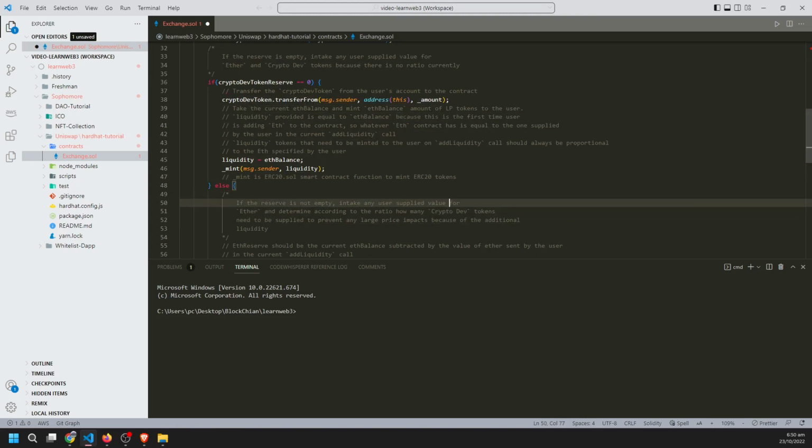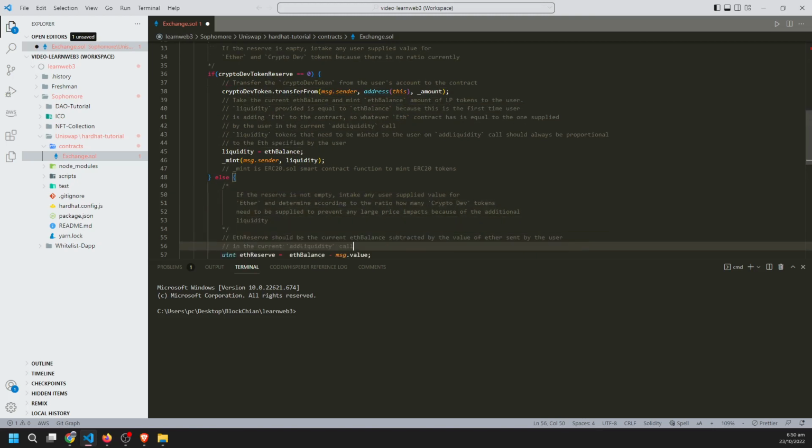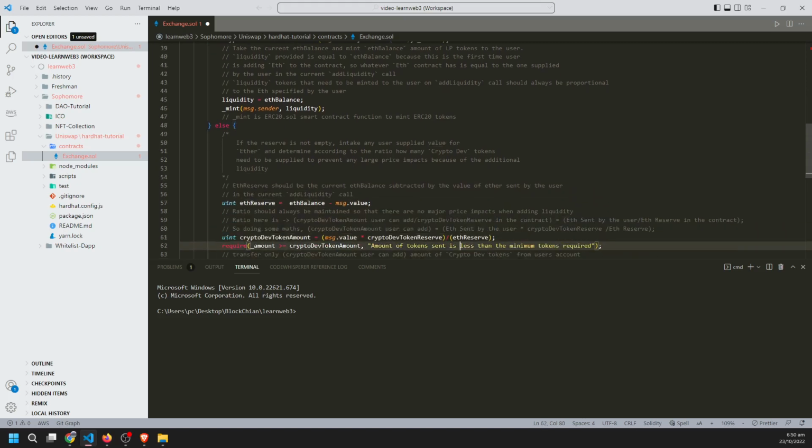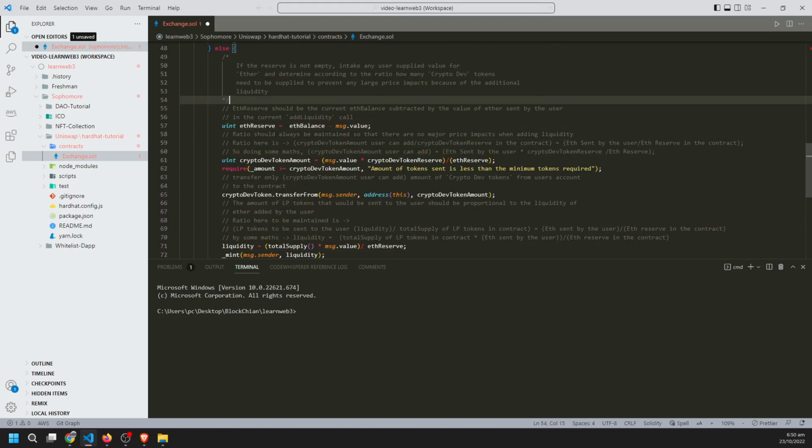If the reserve is not empty, take in any user supplied value for ether and determine according to the ratio how many crypto dev tokens need to be supplied to prevent any large price impact because of the additional liquidity. The ether reserve should be the current balance subtracted by the value of the ether sent by the user in the current addLiquidity call.